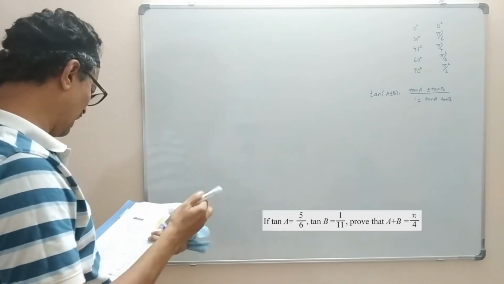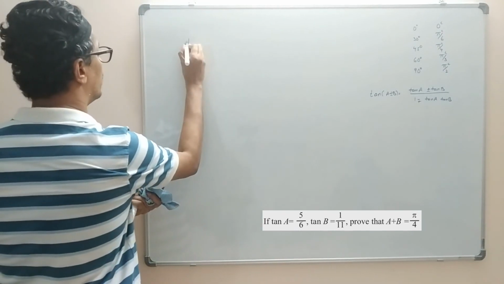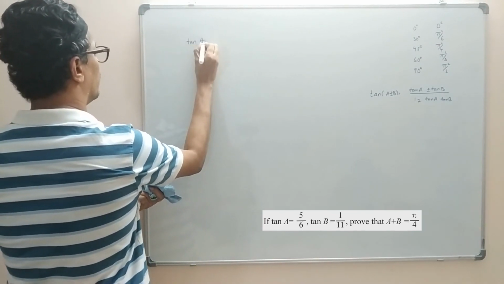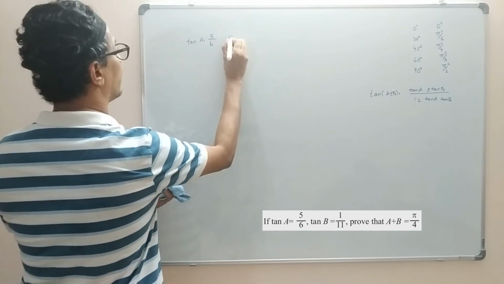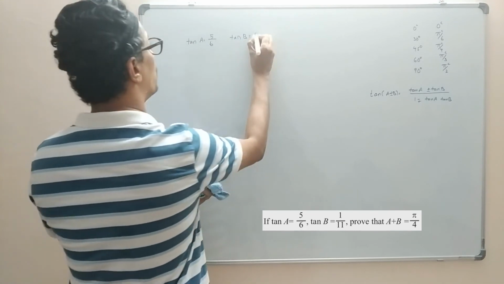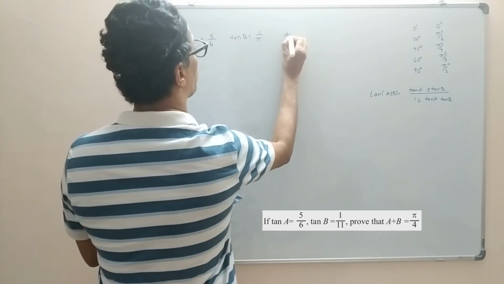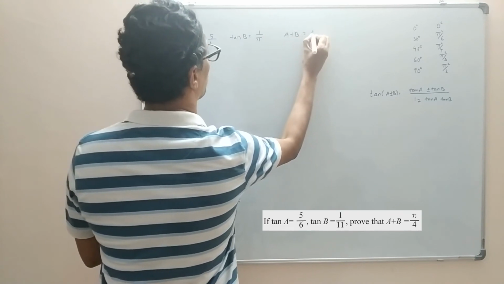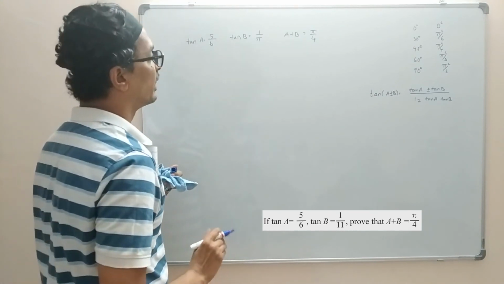Again, that's also the same. See, the fourth problem: if tan A equal to 5 by 6 and tan B is equal to 1 by 11, prove A plus B equal to pi by 4. Very simple.